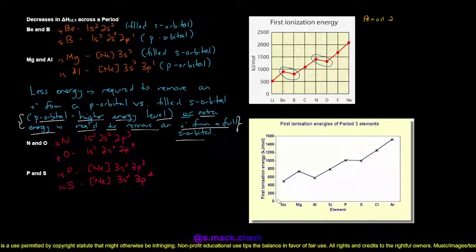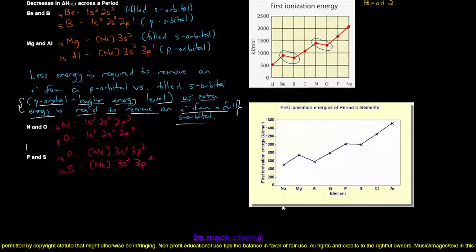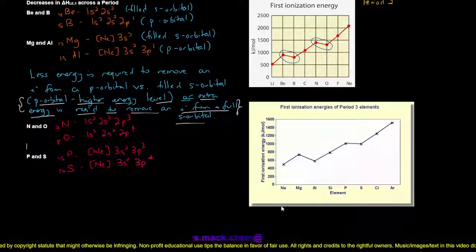Let's talk about nitrogen and oxygen, and phosphorus and sulfur. If we look at the electron being removed from nitrogen to oxygen, and even phosphorus to sulfur, right?